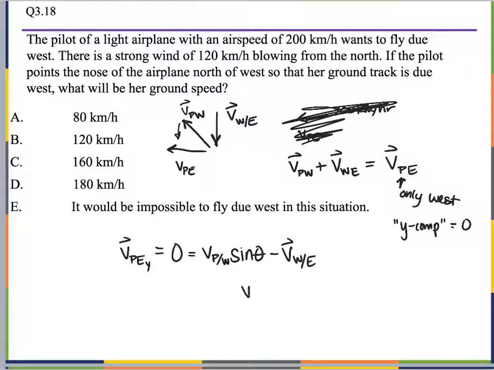So we know the velocity of the plane with respect to the wind times the sine of theta is equal to the velocity of the wind with respect to the Earth. And that's actually 120 kilometers per hour, and this is 200.